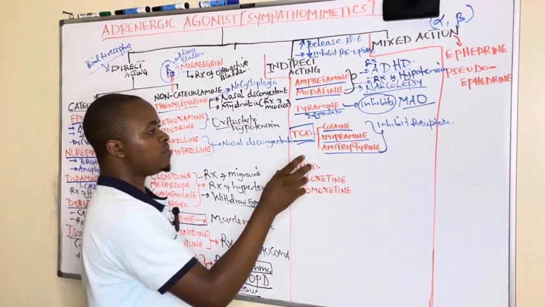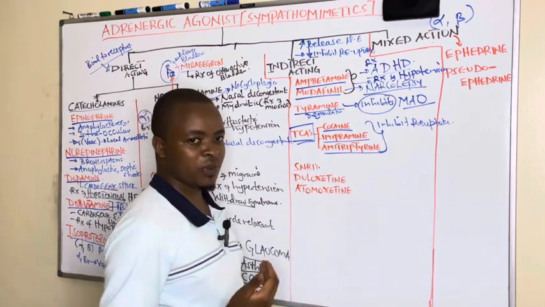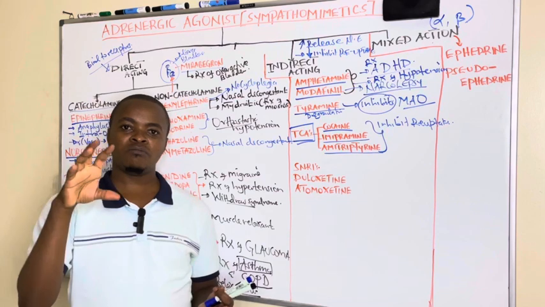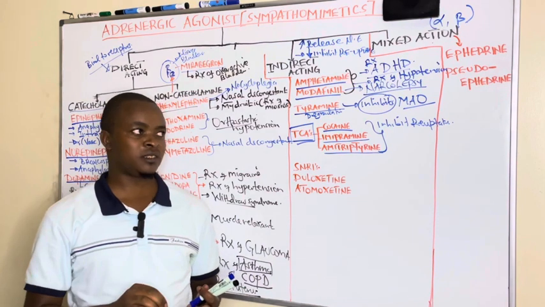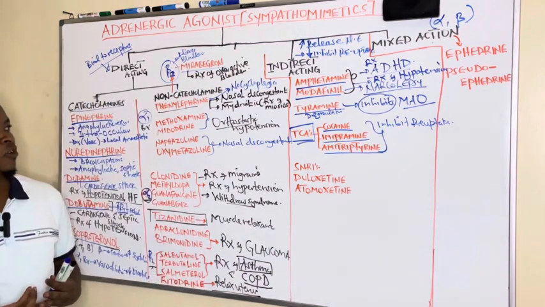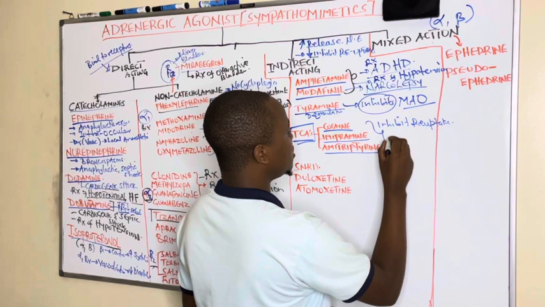So when we inhibit reuptake of norepinephrine, it accumulates in the synaptic cleft, meaning it increases the activity of that place. And these are used in treatment of depression.